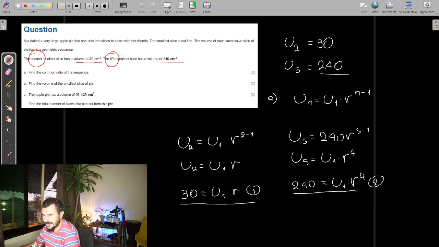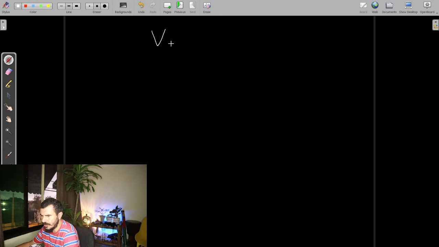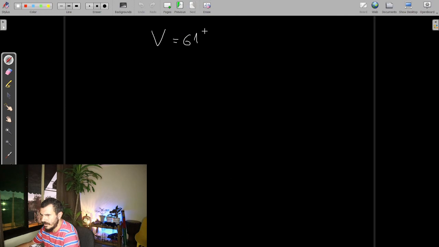Now here in this problem they ask me basically what? That the total volume is 61,425 cubic centimeters.